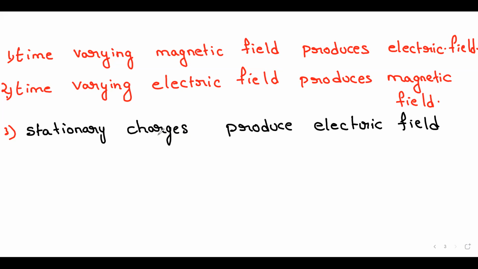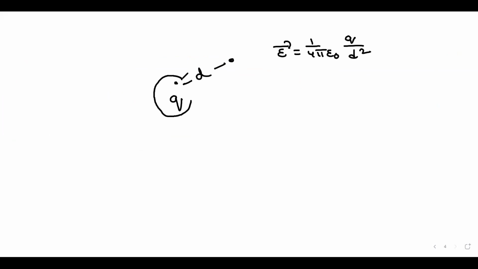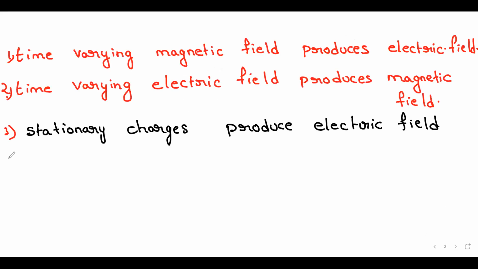That means this charge's velocity is 0. Suppose you have charge q. At a distance d, it creates electric field E is equal to 1 by 4 pi epsilon naught q by d square. So here the velocity of this charge is 0, so we call this charge a stationary charge.